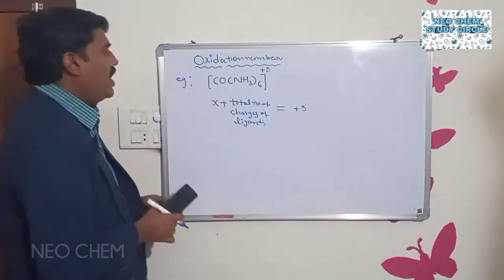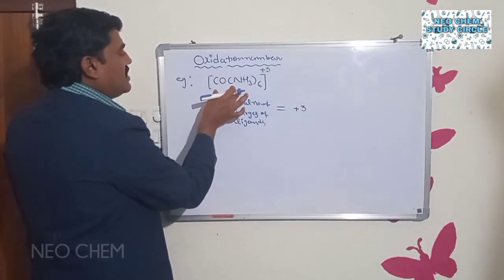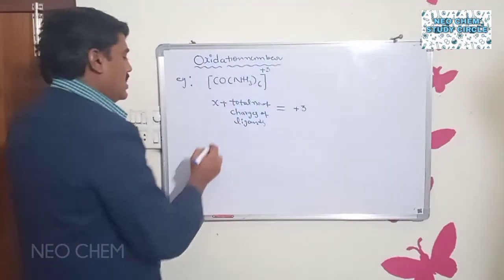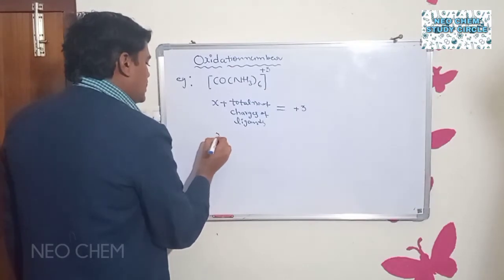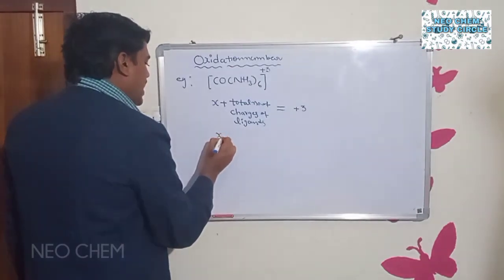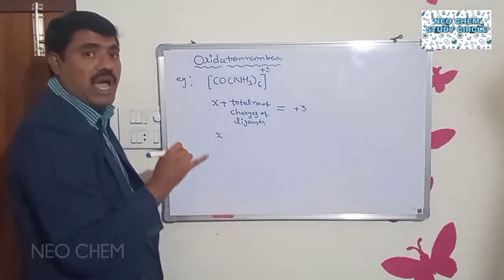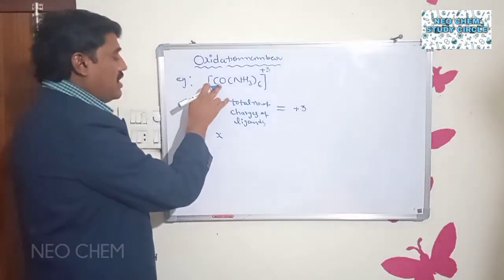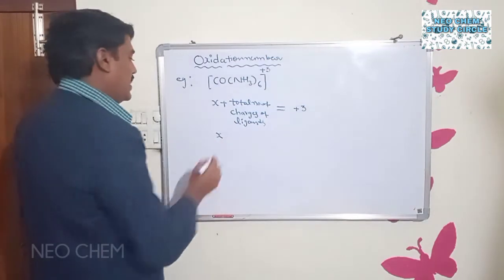Okay. Now in the given complex compound, central metal atom is cobalt. Oxidation number of the central metal atom is X. Now we have to identify the oxidation number of central metal atom, that is X.